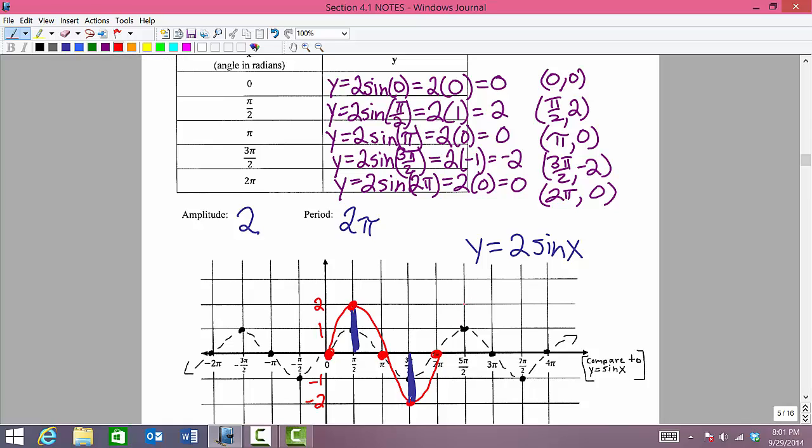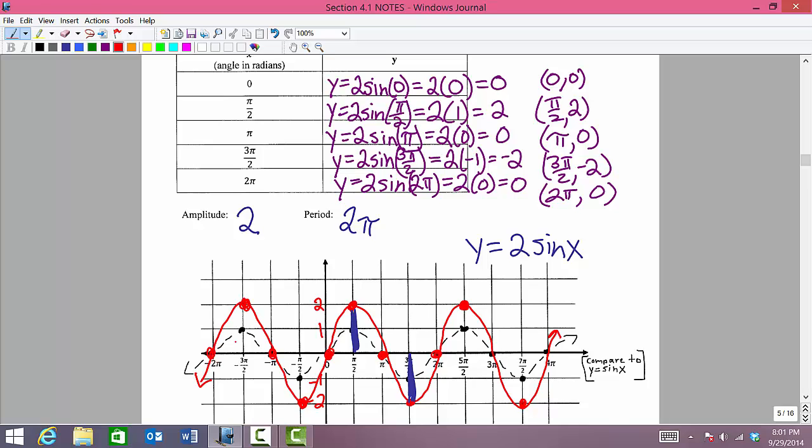If we were to keep going with this, the x-intercepts would still be the x-intercepts, and the maximum and minimum values of our graph would be 2 and negative 2. So we could keep going with this in both directions.